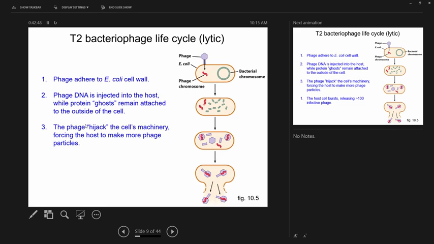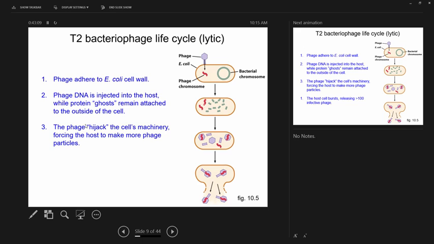Bacteriophage are self-assembling. So if you take the pieces of protein coat that make the capsid and the bacteriophage DNA and throw them in a test tube, they will spontaneously form new bacteriophage, and that's exactly what they do in the cell.